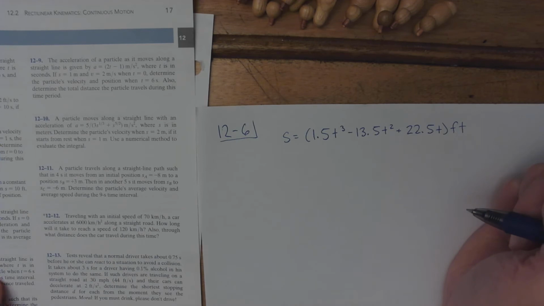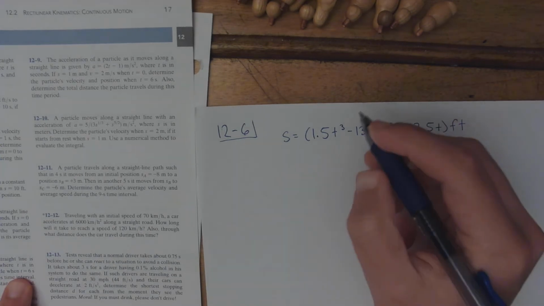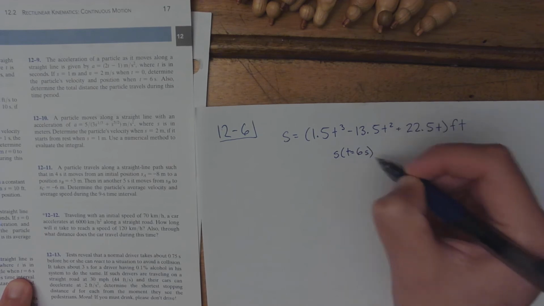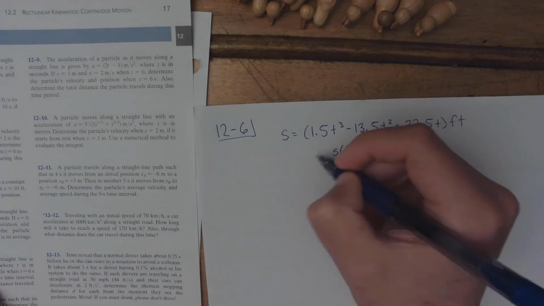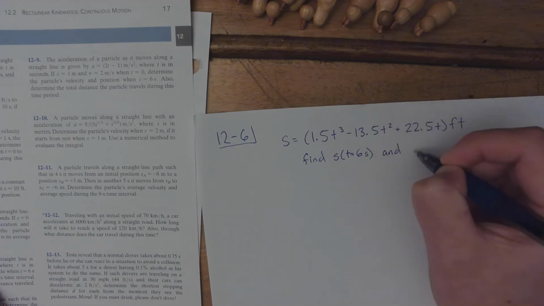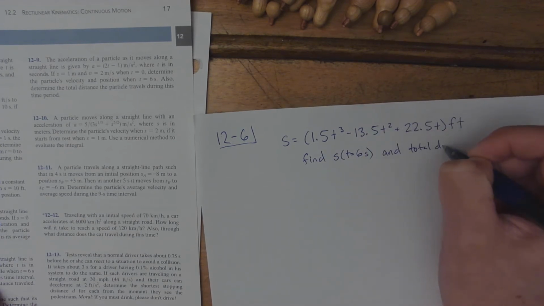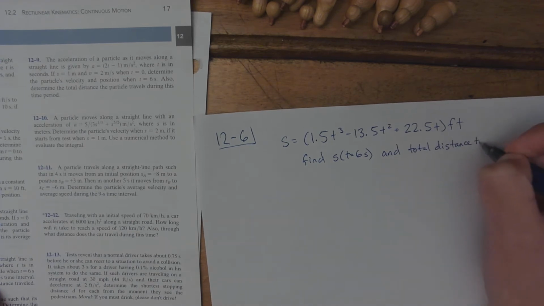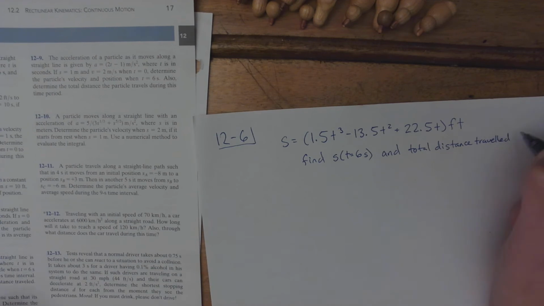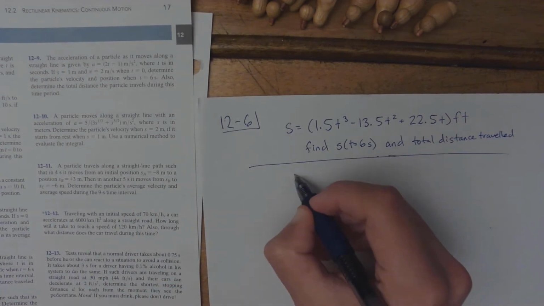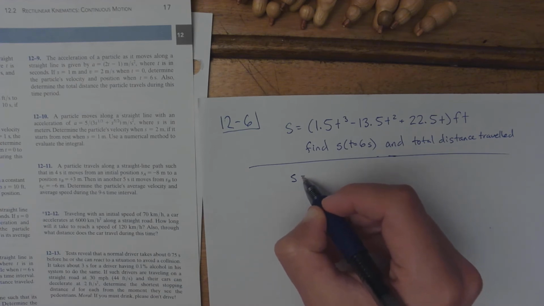We want to determine the position of the particle when t is equal to 6 seconds. That is easy. We just plug in 6. And the total distance traveled. Okay, so first of all, let's just plug in 6 and get that part out of the way.